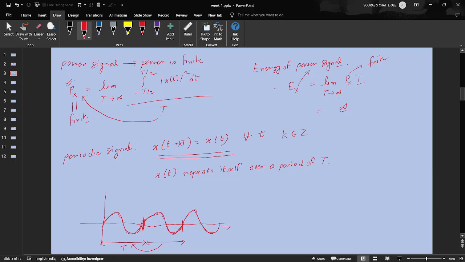The signal is just repeating itself again and again. This T here is called the fundamental period.